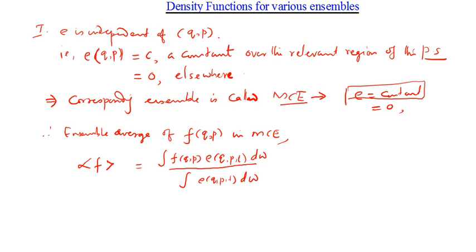Now you know that in the case of the microcanonical ensemble, rho is a constant. So you can take rho outside the integral in the numerator and denominator.